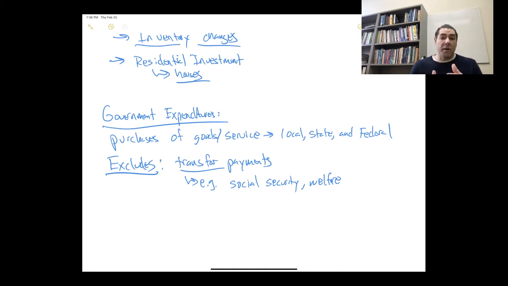So when we say government expenditures as part of GDP, we don't mean total government spending. We're only calculating production. So we just want to know what the government bought. So if they buy an airplane, that's going to count as part of government expenditures. If they send grandma and grandpa a Social Security check, that doesn't count as part of GDP. That's a transfer of income. When grandma and grandpa spend the Social Security check on food, that will then show up as part of consumption. So we don't want to double count the transfer payments.